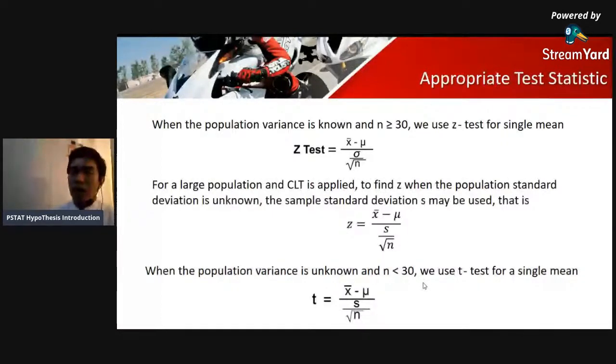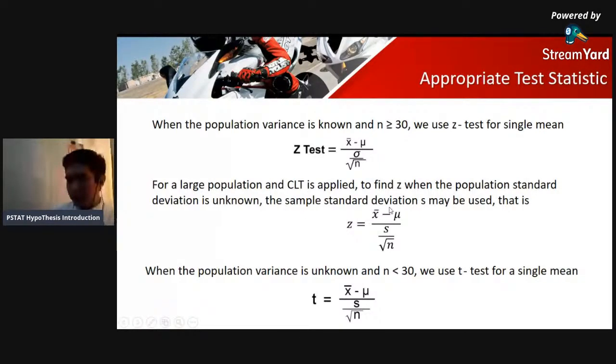That's why we modify the z-test, using the sample standard deviation instead of the population standard deviation. As you can see from this formula, we transform it to this one. So just change this, because this symbol is for the population standard deviation, and s is for the sample standard deviation.